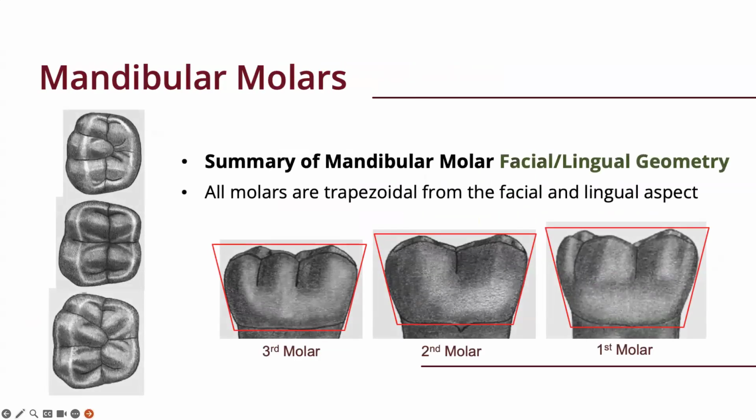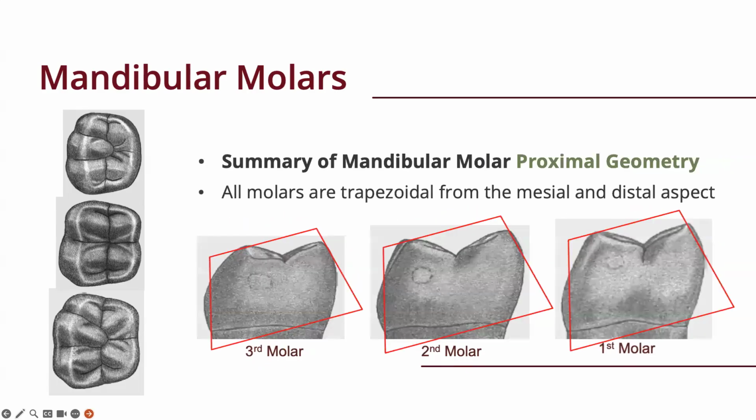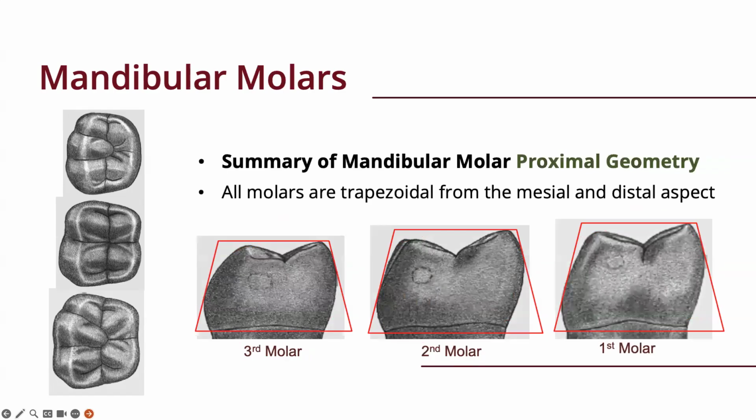If we look at a summary of the mandibular molar facial and lingual geometry, all molars are trapezoidal from the facial and the lingual aspect. Now, if we look at the proximal geometry, all molars are trapezoidal from the mesial and distal aspect.